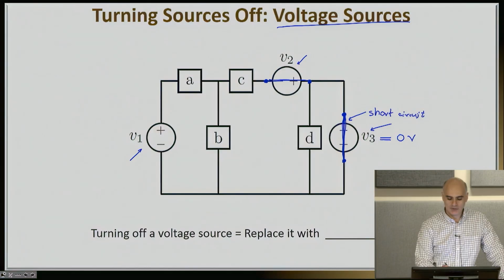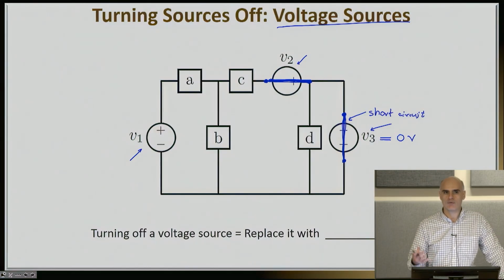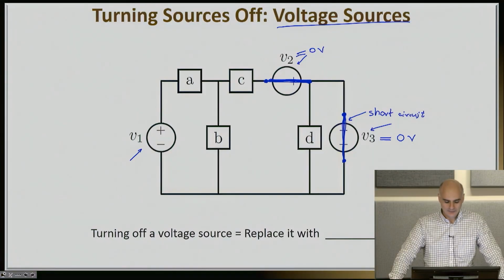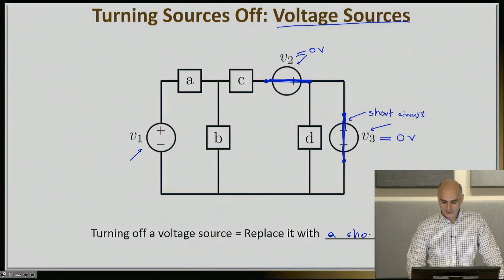The minute I remove V2 from my circuit and replace it with a short circuit, I will ensure that V2 is 0 volts. So turning off a voltage source means replacing it with a short circuit, all the time.